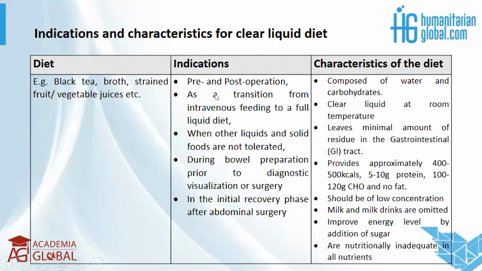Then it can also be indicated as a transition, that is when you are moving from intravenous feeding. Another term for our understanding is drip, or parenteral nutrition. For example, we may have a patient who cannot digest food for some reason. Maybe they are in a coma, maybe their GIT has had surgery, so for some period they cannot digest food.